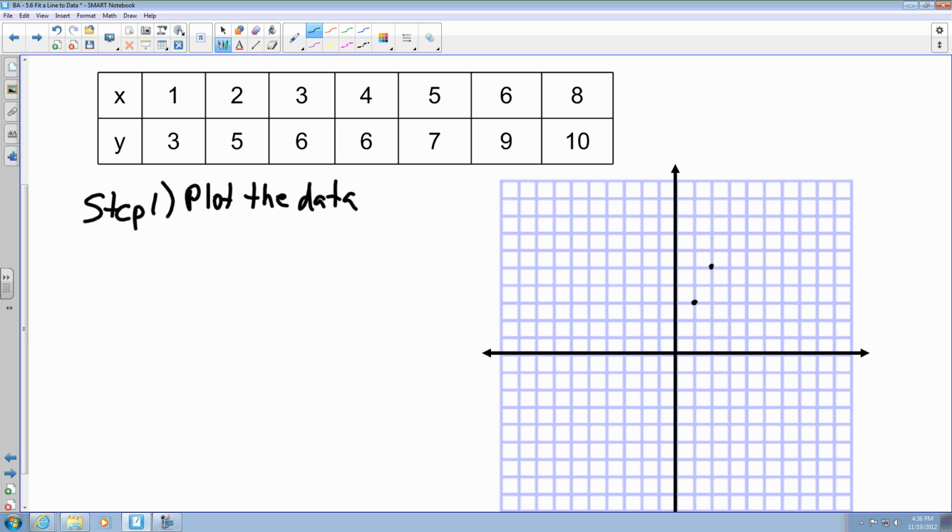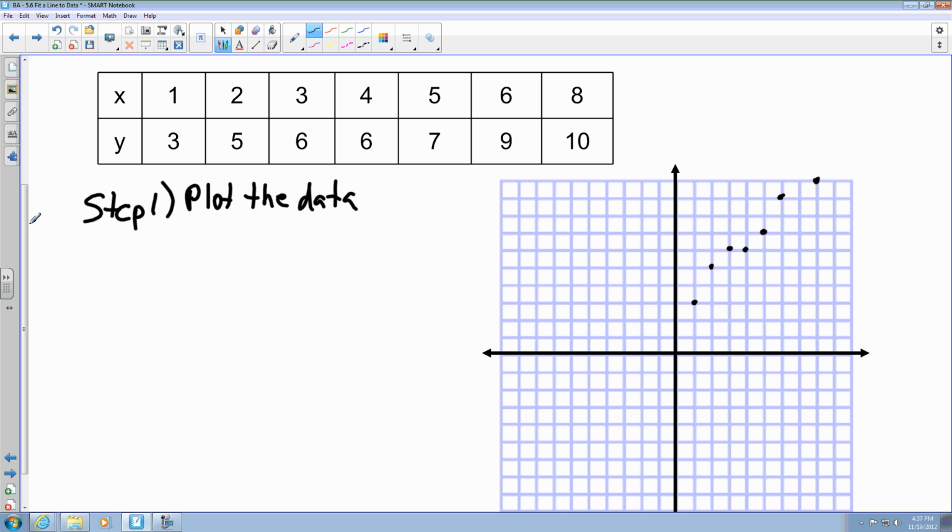X is 3, y is 6, it's right there. 4, y is 6. 5 and 7, and 6 and 9, and 8 and 10. So step 1 is done.